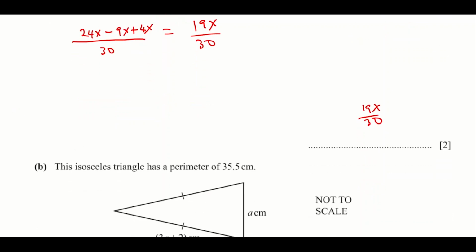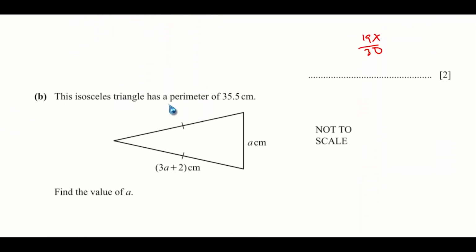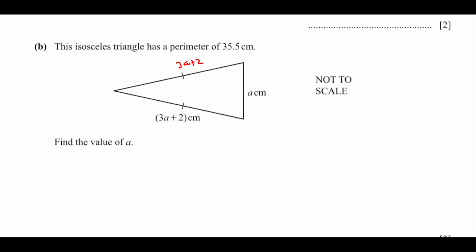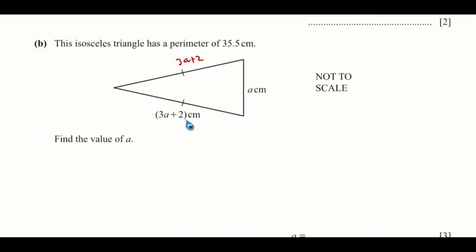So part B, the isosceles triangle. This isosceles triangle has a perimeter of 35.5 centimeters. Find the value of A. This will also be 3A plus 2 because the two sides are equal. The perimeter is the addition of the distance around the isosceles triangle.